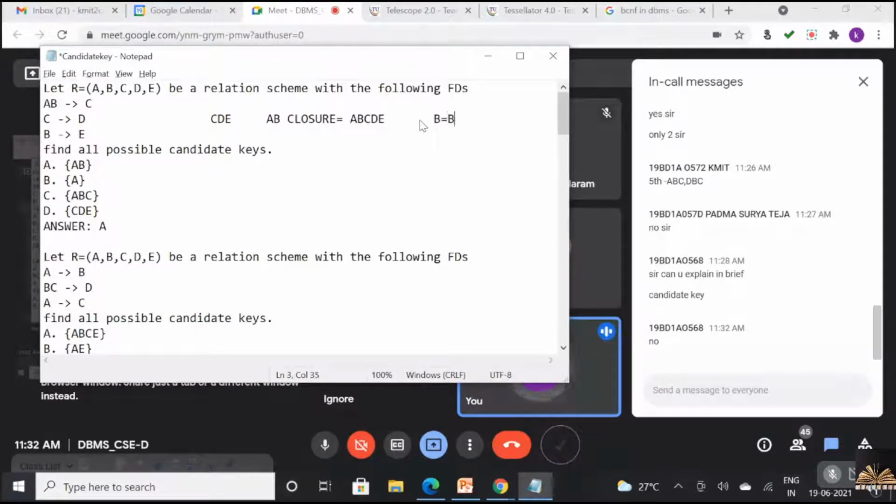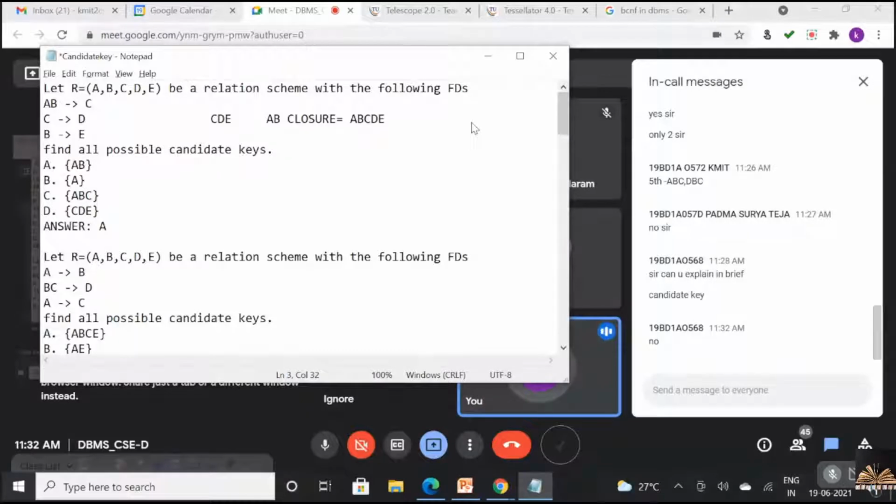What is B closure? The reflexive property gives B, then using the third FD I'm able to generate E. So B closure is BE. I'm not able to get all the other attributes. Next I'll go with C, and that way you have to find out.